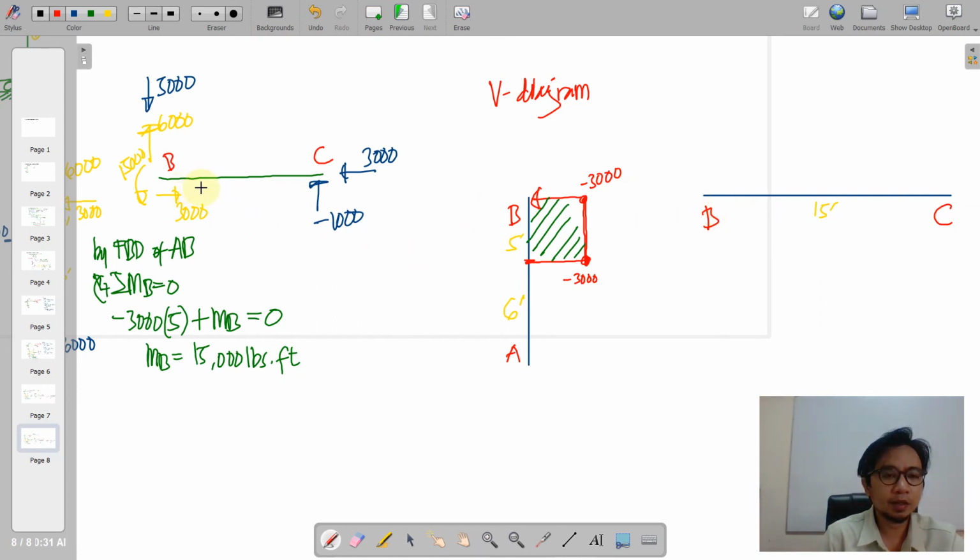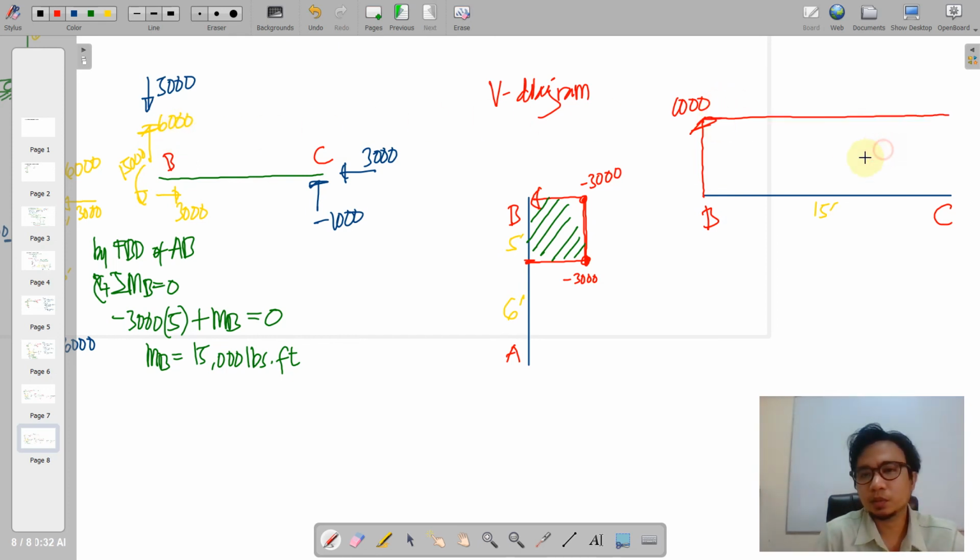So we take all of the vertical forces starting at B. Starting at B, we have upward 6,000 and downward 5,000. So this will sum up to 1,000 going upwards, and then it will maintain to be 1,000 up to point C. So at point C, there is a going upwards 1,000, that is negative 1,000.